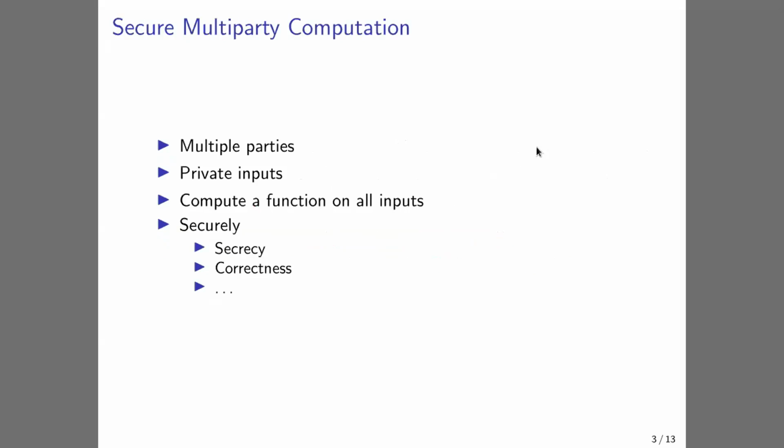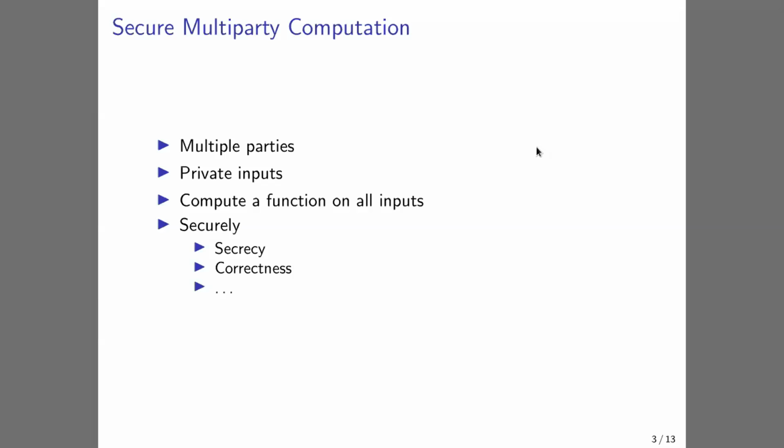As the third talk in the MPC session, I'll try to give a brief introduction. In a secure multi-party computation, or MPC, you're dealing with a setting in which there are multiple parties that each hold some kind of private input. And these parties would like to compute some function on all the inputs put together, but they wish to do so in a secure manner.